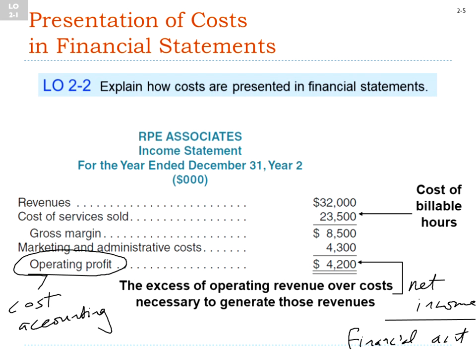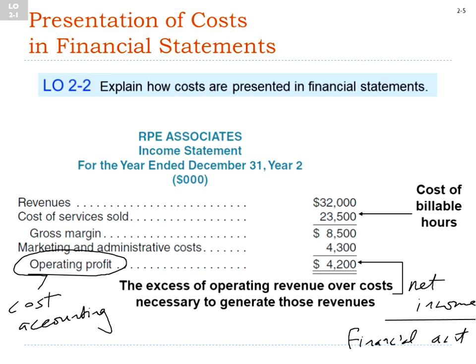Net income is very similar to operating profit, but the difference is that operating profit does not consider things like depreciation, interest, income tax expense, and other adjustments that are required by GAAP.